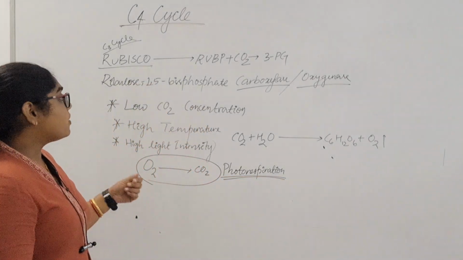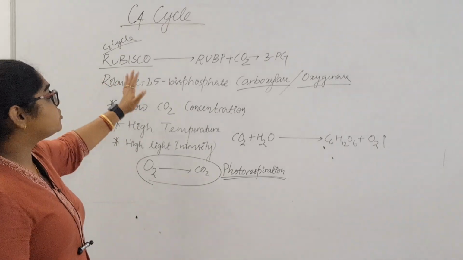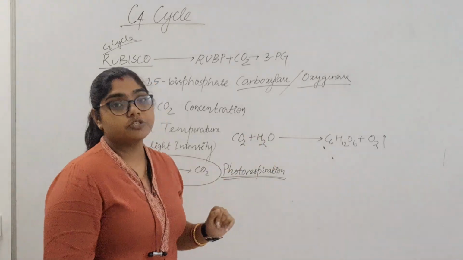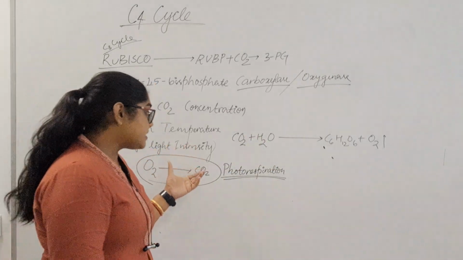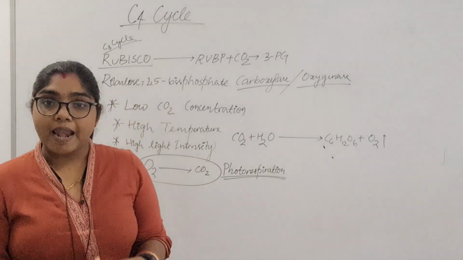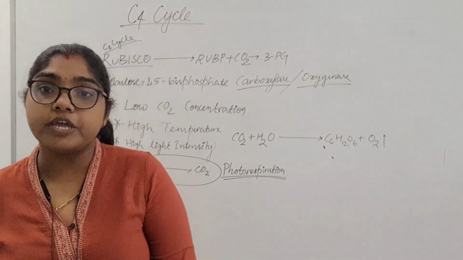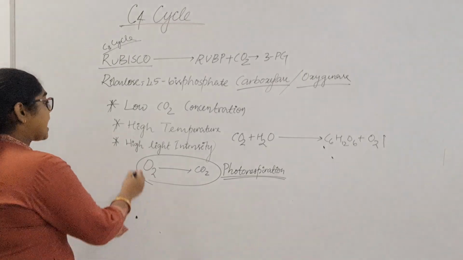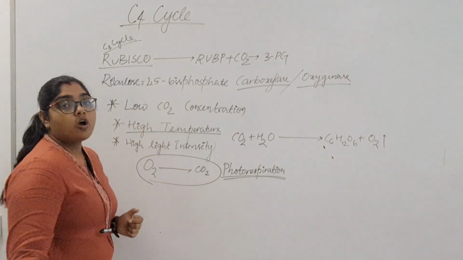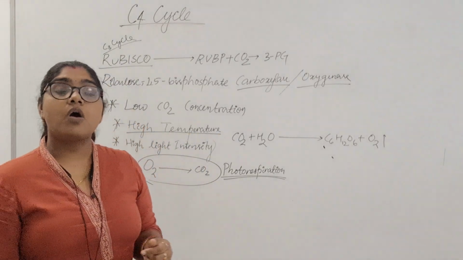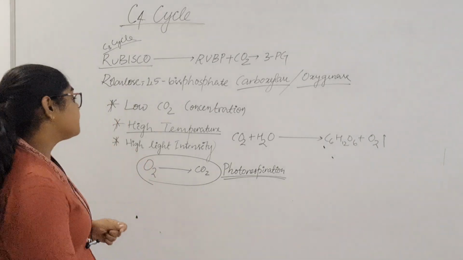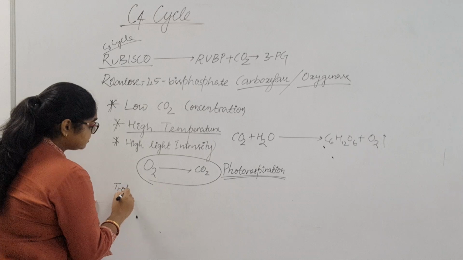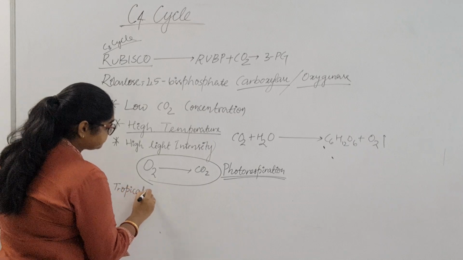So in these conditions, RuBisCO started doing the oxygenation process, not the carboxylation process. In such conditions, the plants start following the C4 pathway. The plants in the high temperature region, the arid region or the tropical region always face the high temperature problem.